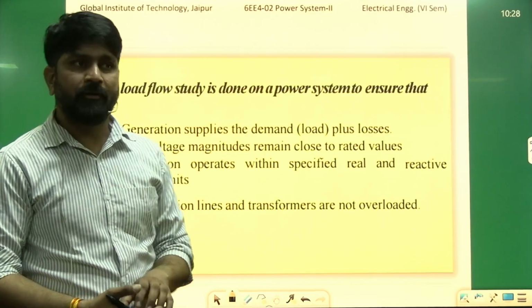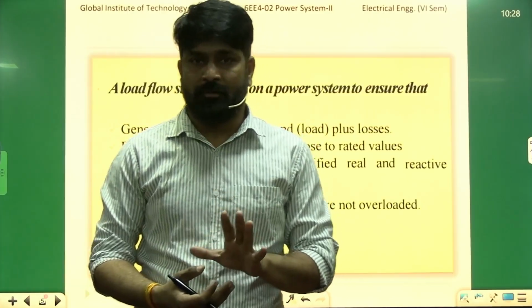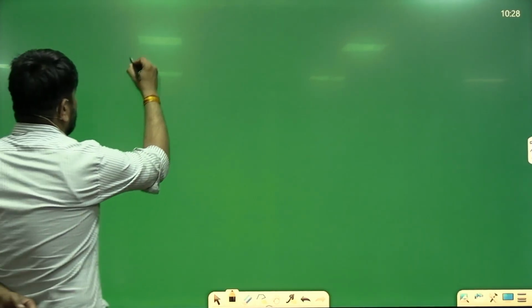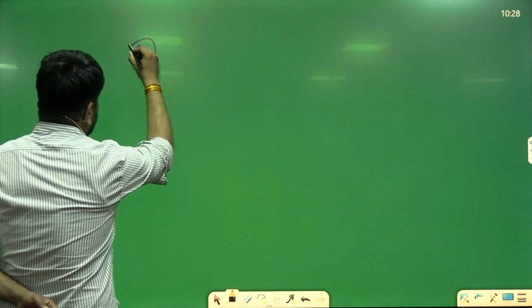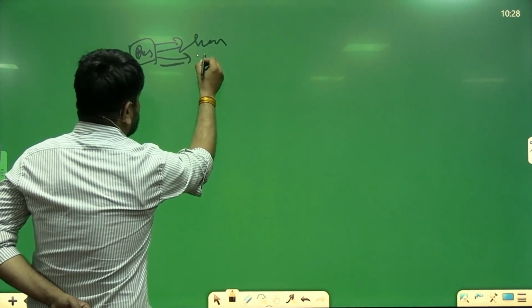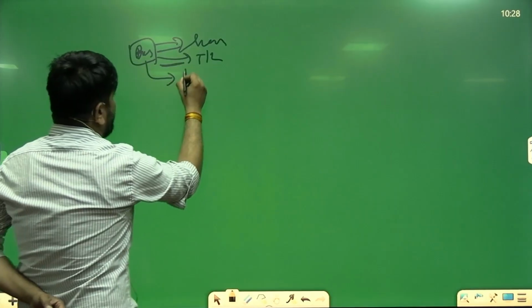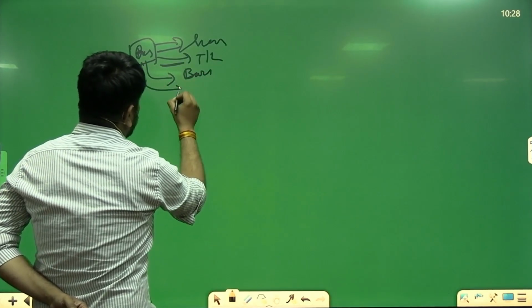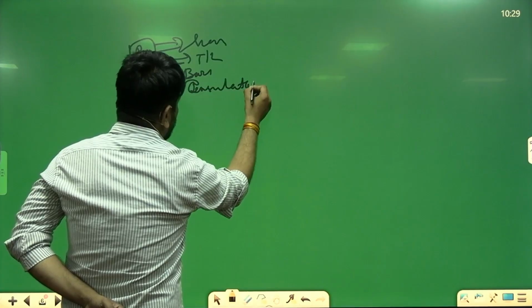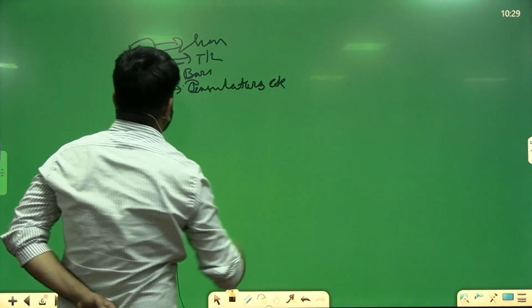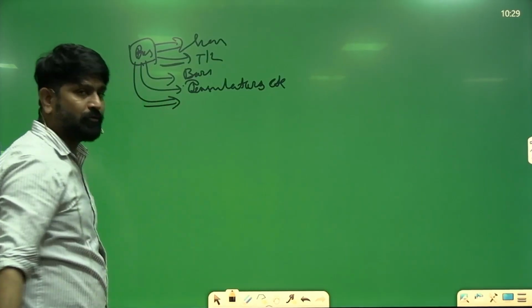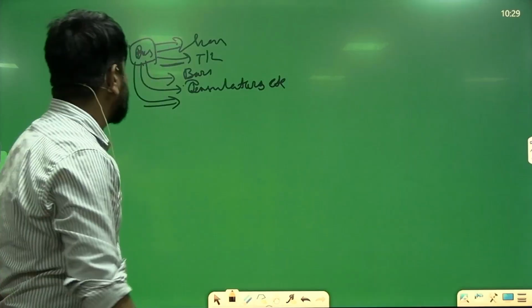A bus is the point where many nodes go through. It may have generators, transmission lines, bars, insulators, etc. Buses are always used for the transmission line.